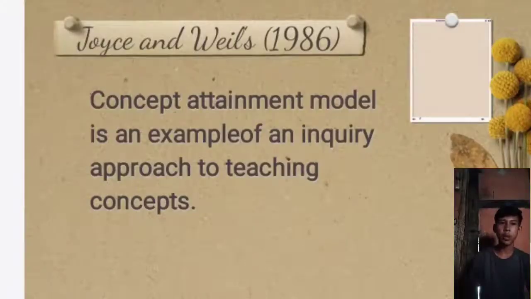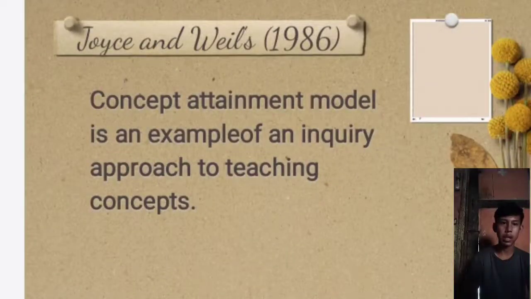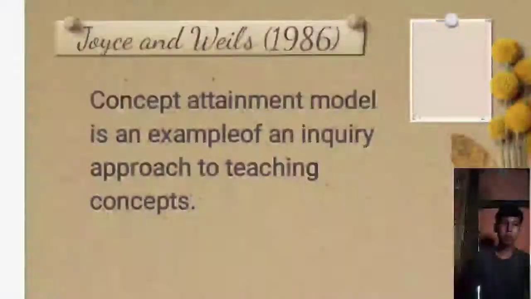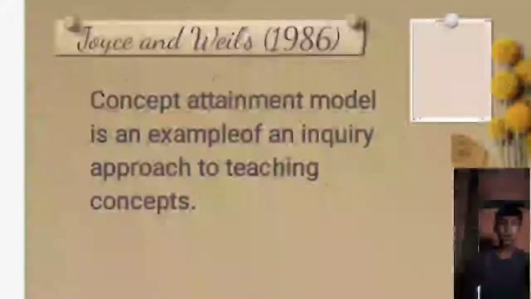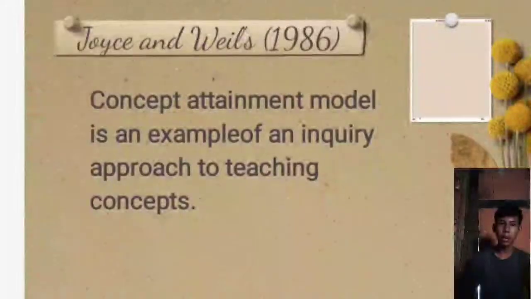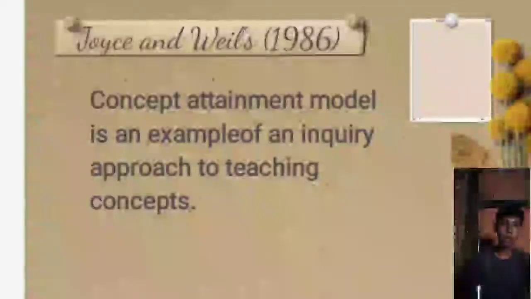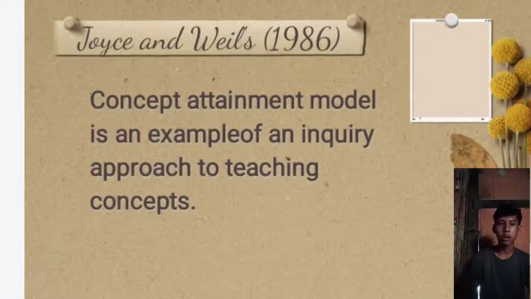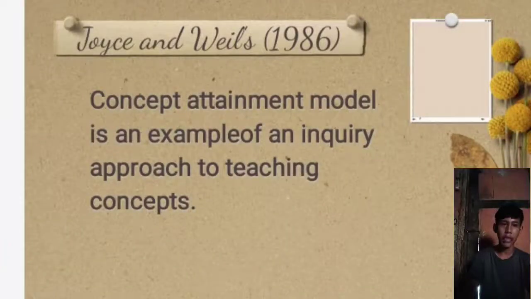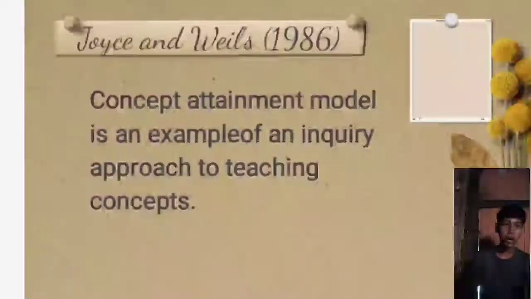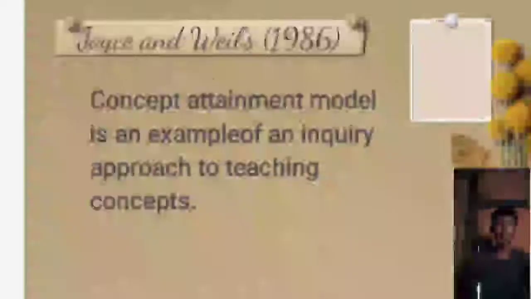According to Joyce and Weil, 1986, concept attainment model is an example of an inquiry approach to teaching concepts. In this strategy, learners are presented with a group of matched examples and non-examples in verbal, auditory, or visual form. The examples are labeled with the word yes, and the non-examples are labeled with the word no.